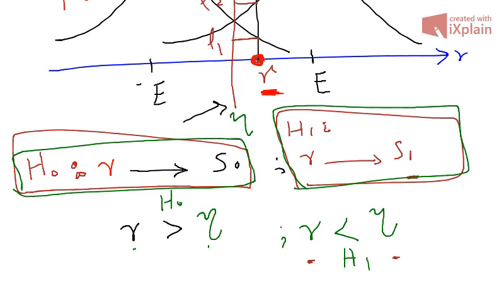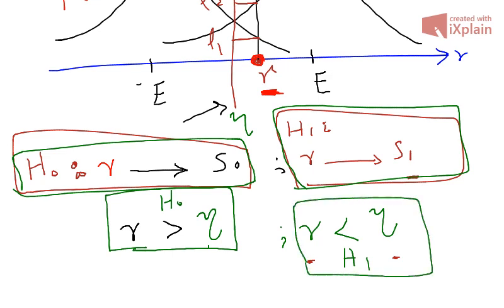Because the sample value R is greater than the threshold, H0 is true. If the sample value is less than the threshold, H1 is true. Right? This is how we test the hypothesis.